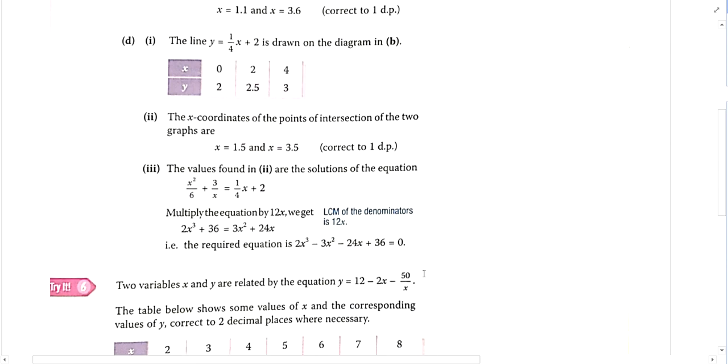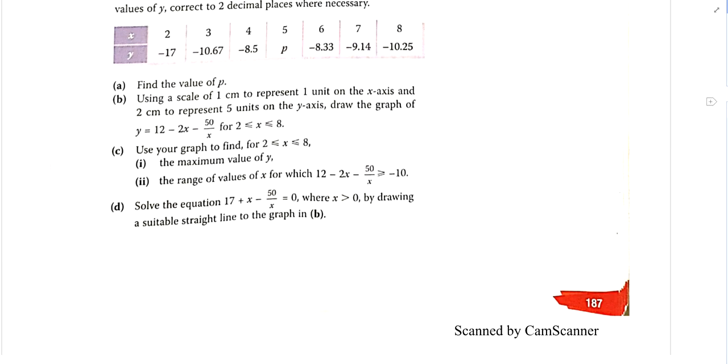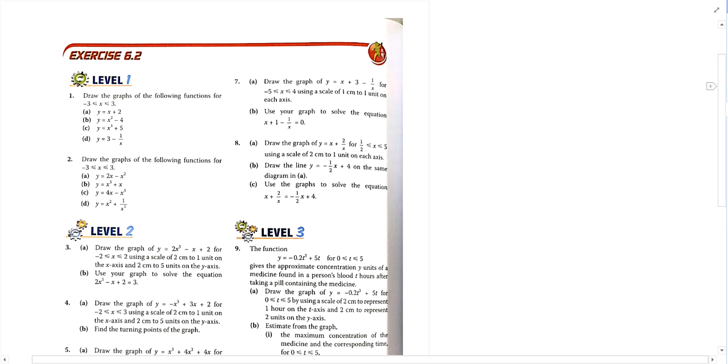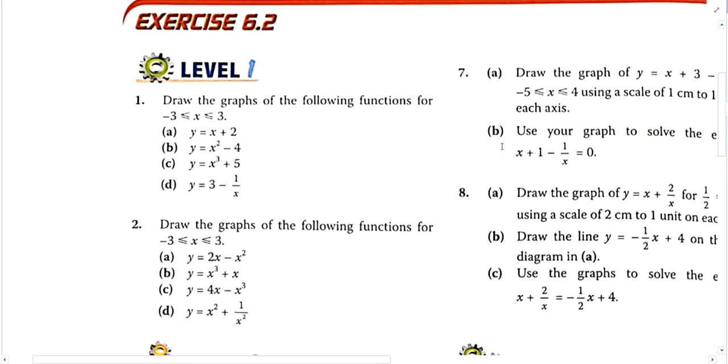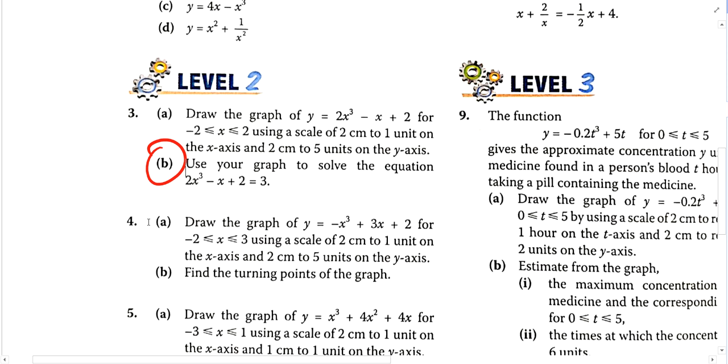Okay, now, homework for today. I want you to look at exercise 6.2. I only need you to do part B, but although they say use your graph to solve, I don't want you to plot. I give you simple homework. You just tell me, draw y equals to whatever. It's the same type of question.